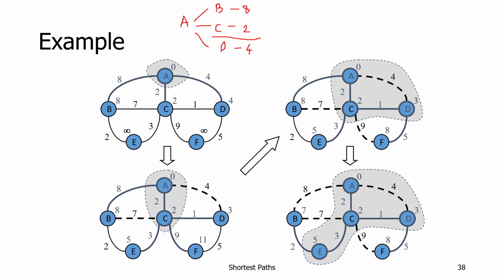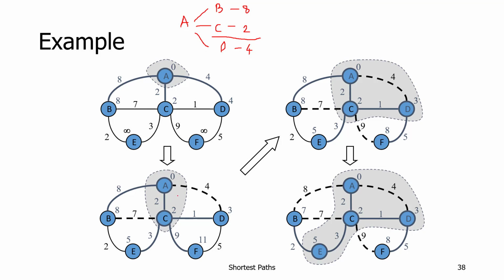My cloud now grows from A to AC, and in the further computation I'm going to consider all the possible distances from A and C. Every time, the next edge I consider should have one vertex inside the cloud and one vertex outside the cloud. When the cloud was only A, I considered these 3 edges, AB, AC, AD, and among these I picked the minimum distance, which is C.